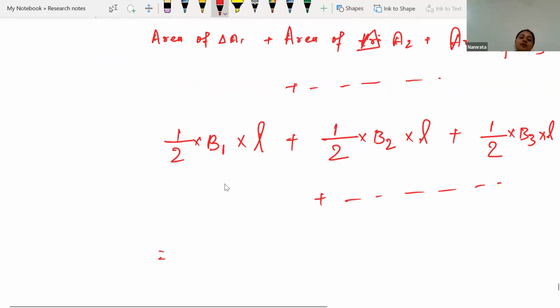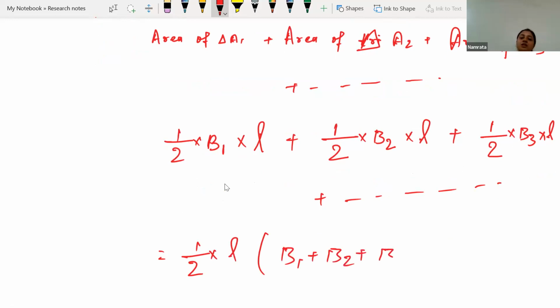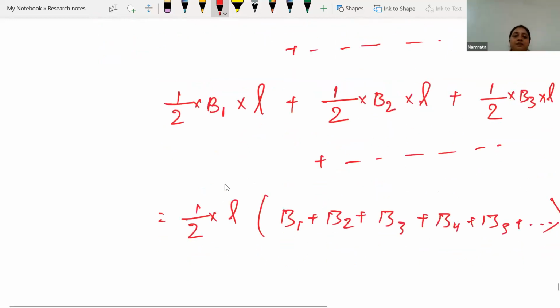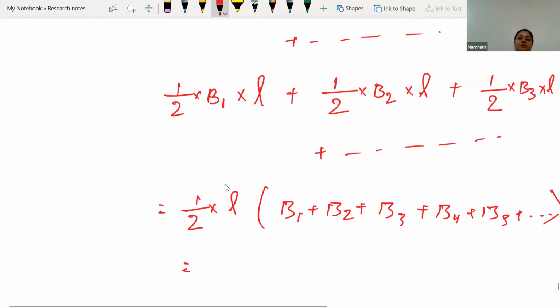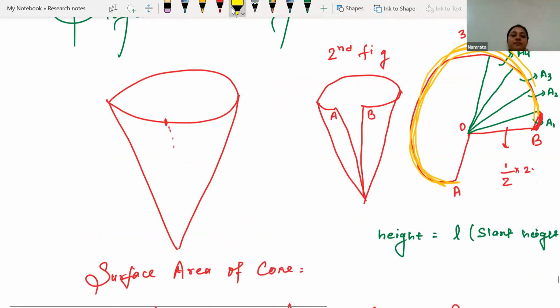So from here we can take out 1 by 2 L common, and base 1 plus base 2 plus base 3 plus base 4 plus base 5 will be the leftover term, right? Yes or no? Yes, ma'am. So 1 by 2 L, and now, base 1, base 2, base 3, base 4, base 5, base 6, base 7, base 8, whatever is the total base, that is nothing but just 2 pi r.